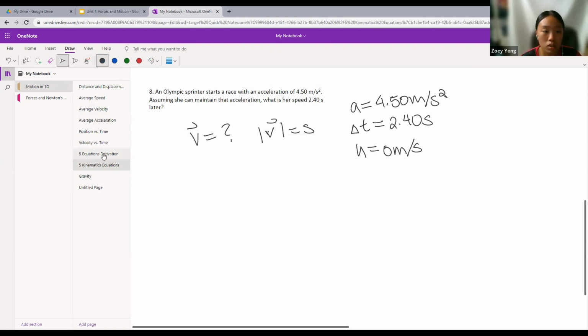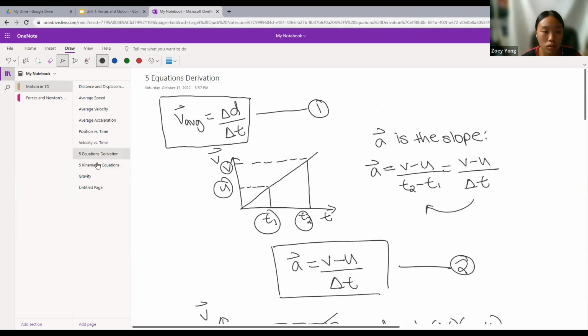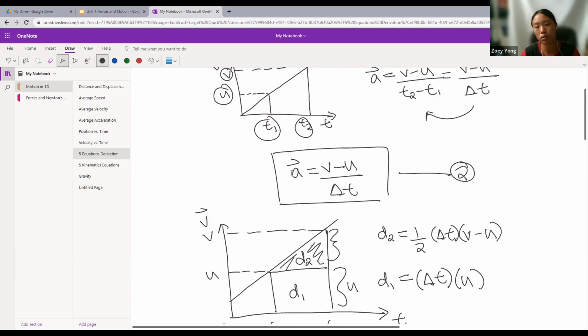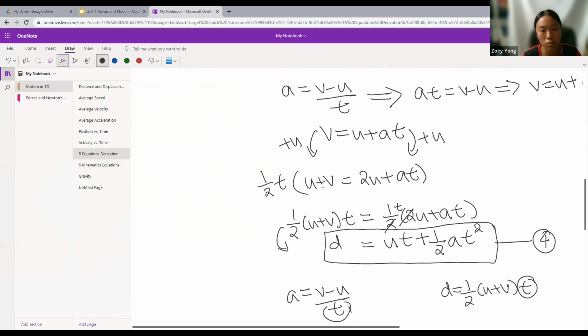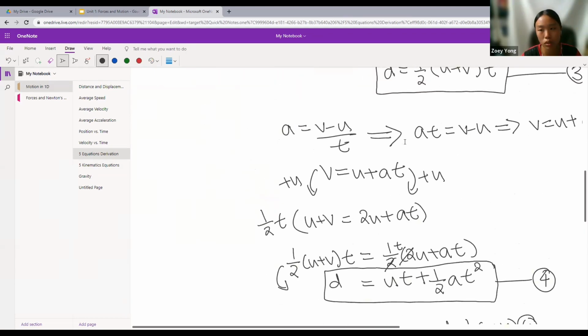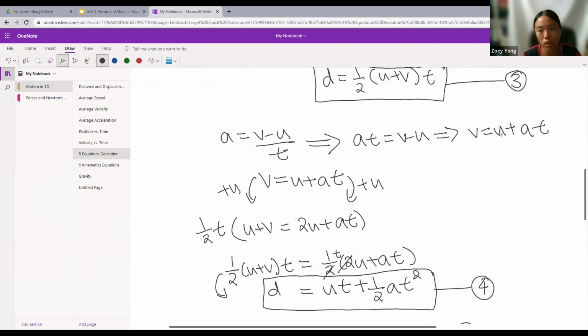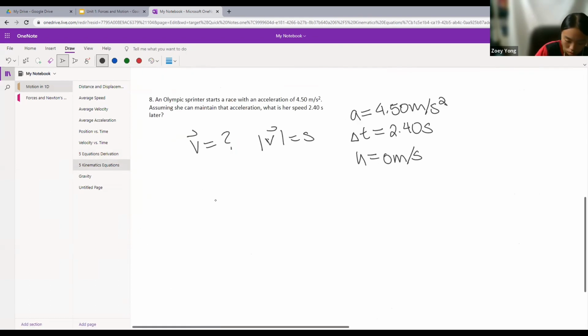If you see the equations we derived earlier, we have the acceleration, the starting velocity, and the change in time. I'm going to rewrite this the same way we wrote it here. So v equals u plus at. Final velocity, which is v, equals starting velocity plus acceleration times the time.